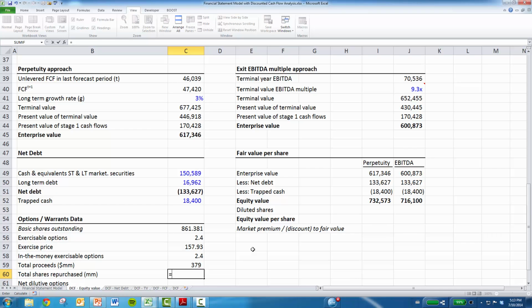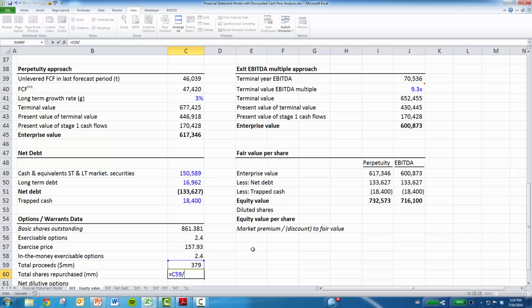And now, even though 2.4 million options become exercised, meaning 2.4 million shares of new common stock have to be issued, well, with the $379 million in proceeds that Apple will get, the treasury stock method assumption for calculating diluted shares outstanding assumes that those proceeds do not just increase the cash balance, but instead they're immediately used to mitigate the dilutive impact of those options.